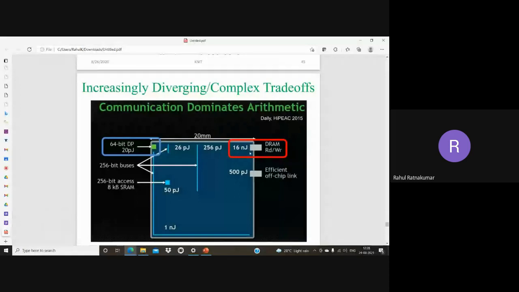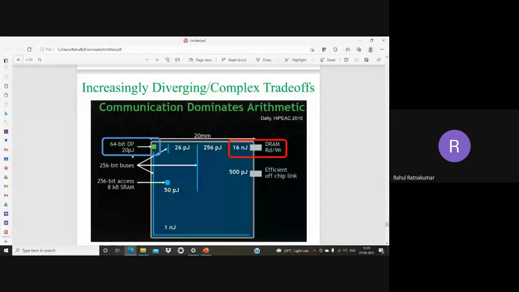Read-write DRAM nanojoules. All those nanojoules are quite significant power dissipation. Whereas you can see this 64-bit data point at 20 picojoules is the energy consumed in that. Picojoules. You can compare 16 nanojoules and 20 picojoules, right?